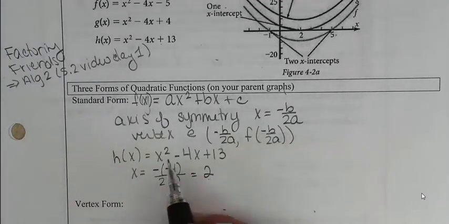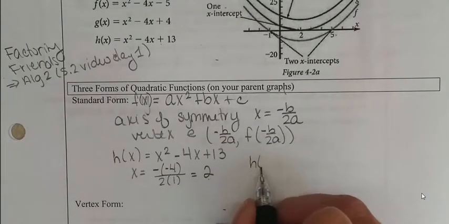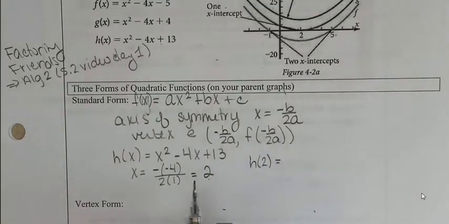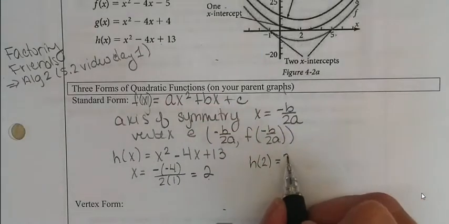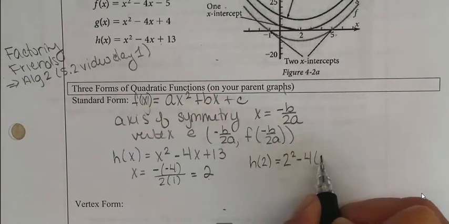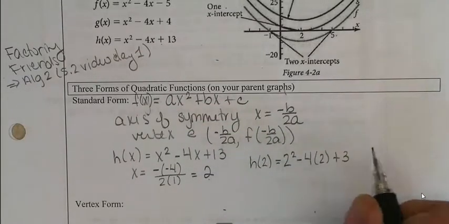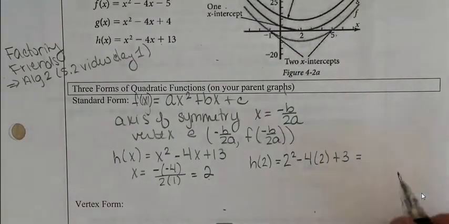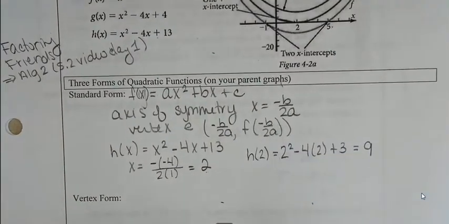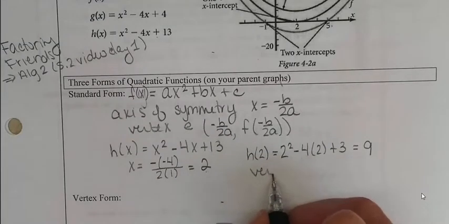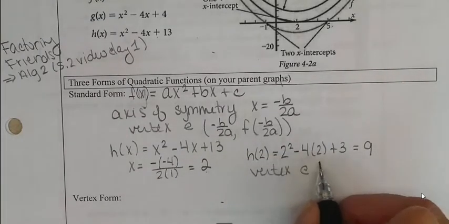Plugging that back in, finding h of 2, I get 2 squared minus 4 times 2 plus 13, which is 9. So I know that my vertex is at 2, 9.